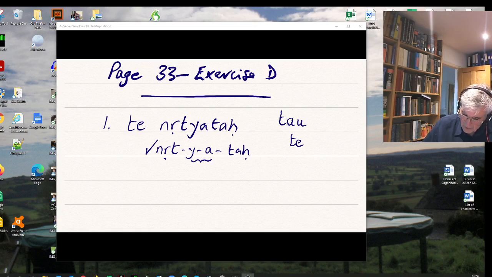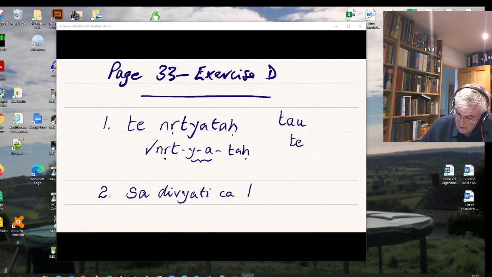Sentence number 2. Sadivyaticha kshipaticha. Write it in Roman. Here's another class 4 verb from divyati, divyati, cha, kshipaticha.